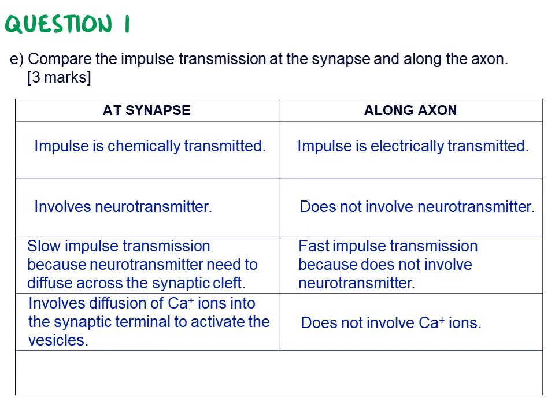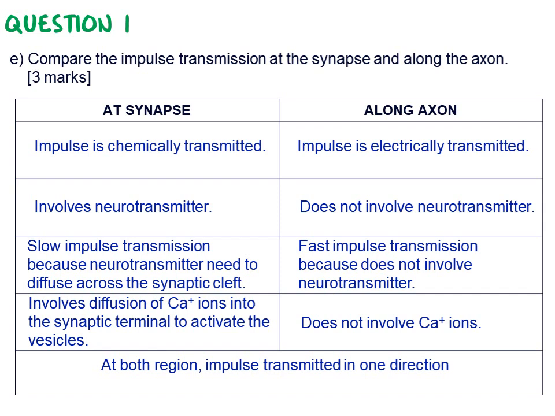So from the four choices given here, just choose two. Just choose two. Okay, ini untuk differences. While for the similarity, at both regions, at synapse and along axon, impulse transmission occurs in one direction.